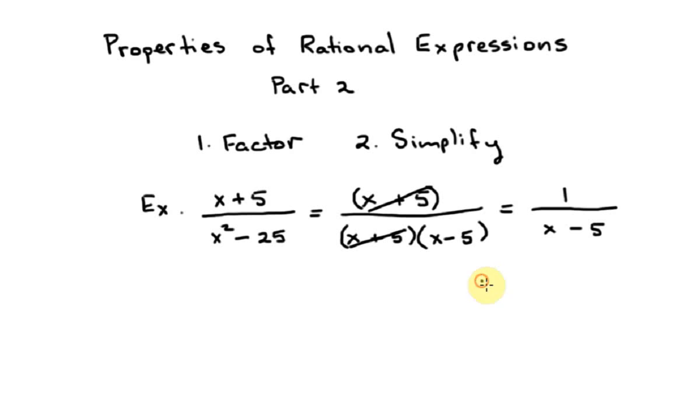But wait, what of the restrictions? Now, a lot of students will rush in there and they'll say, yes, positive 5, that's bad. And they're right. Yeah, it is bad. But you know what? Negative 5 was bad once. And so, once you're bad, you're always bad.